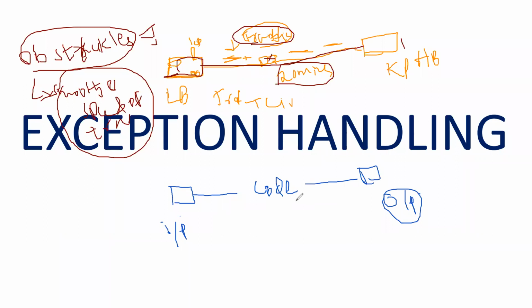So what is the case where we cannot get the output? Simply, whenever we get an error. If we get an error between input and output, then we will not get output.